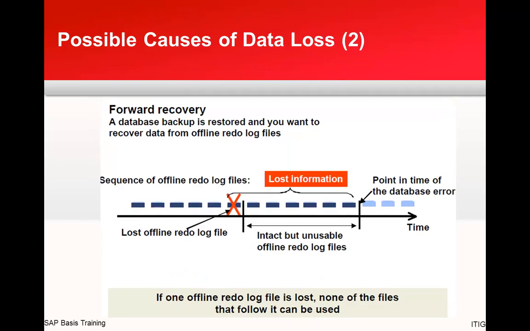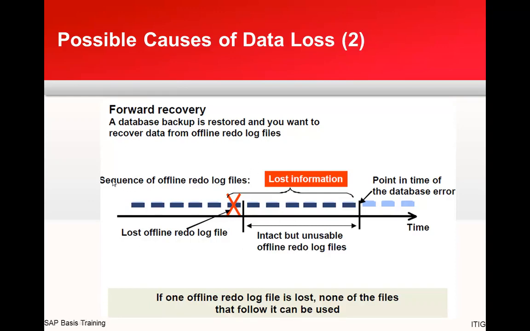Let's see part 2, which is about forward recovery. The database backup is restored and you want to recover data from offline redo logs. Here you see the information which will be lost.